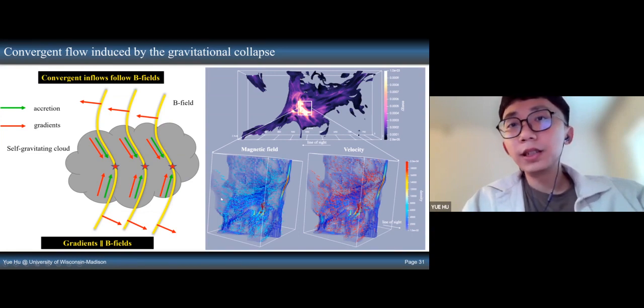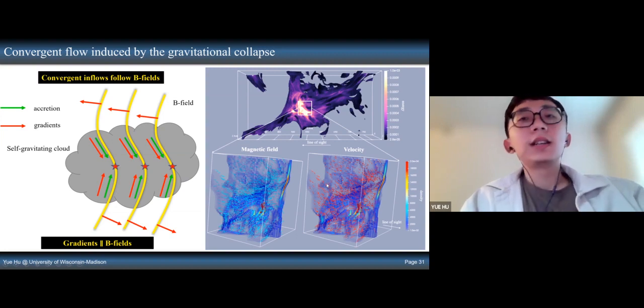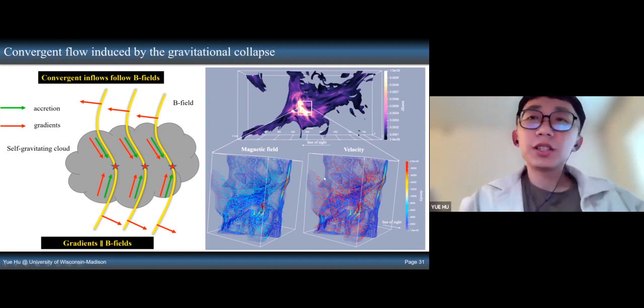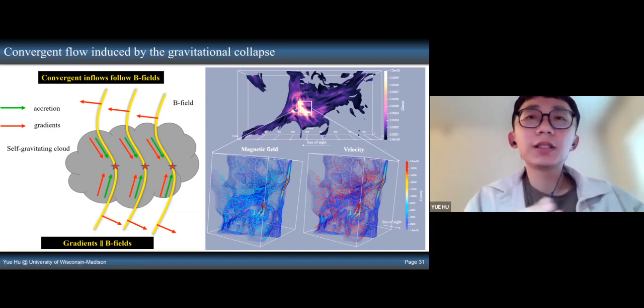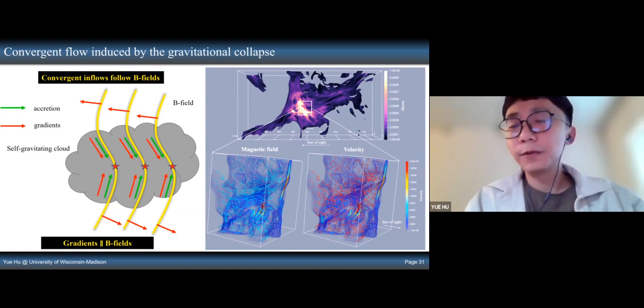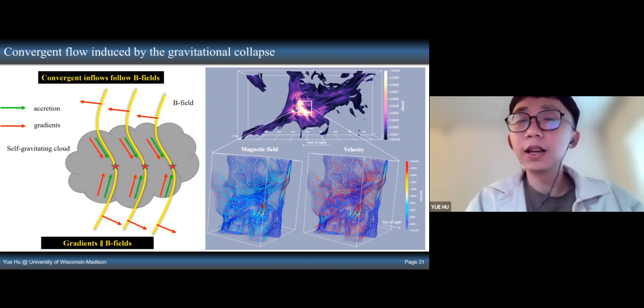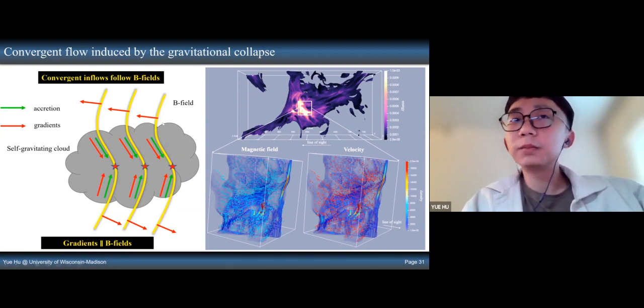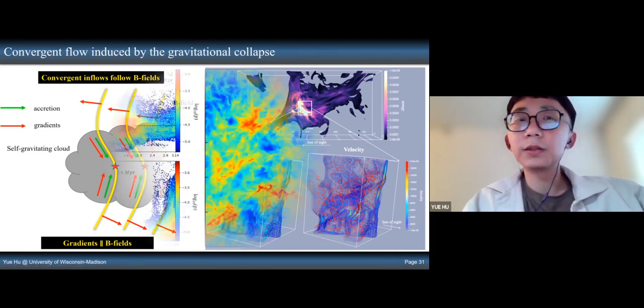The magnetic field is dragged into the collapsing center, and also the velocity field. Such a change is the gravity effect: if we have strong gravitational collapse, it will change the velocity gradient's direction by 90 degrees, from perpendicular to parallel to the magnetic field.